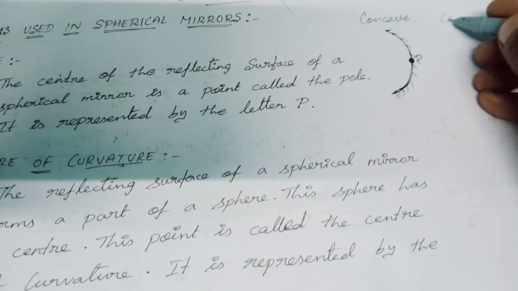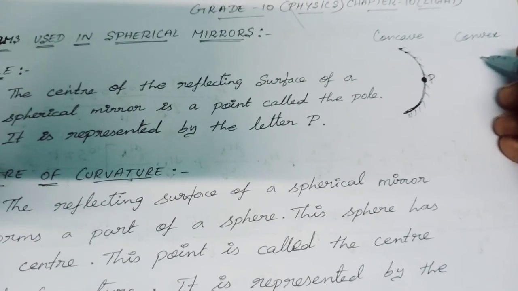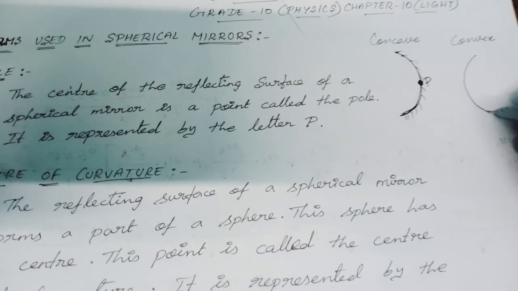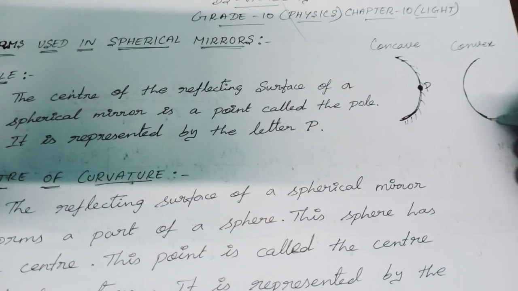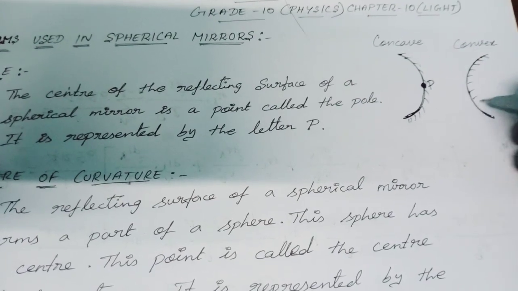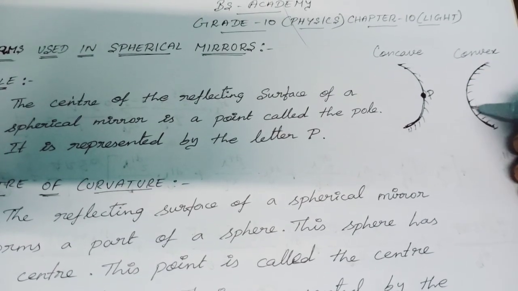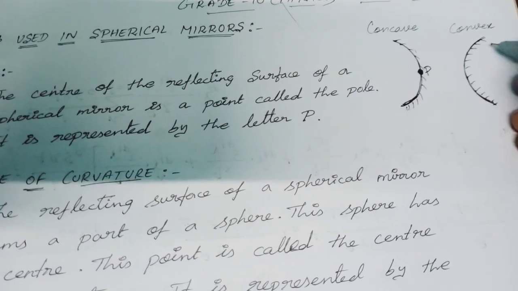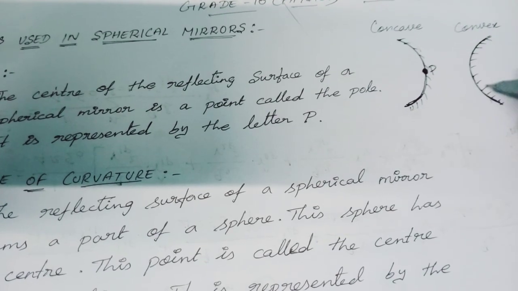In the same way, for convex, we know how to draw the convex mirror. It bends outwards. This is the reflecting surface of the convex mirror, and this other part is the faded part. This is also the side view, and as I told before, the front view of the convex mirror also seems to be circular.